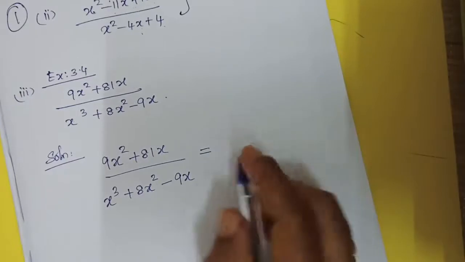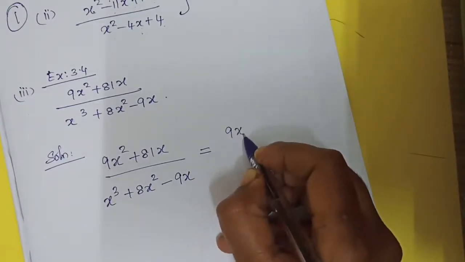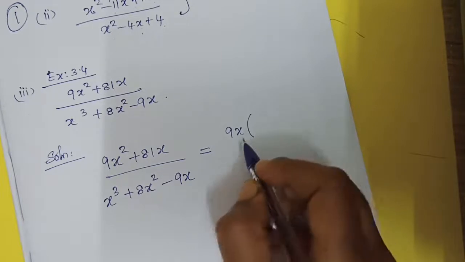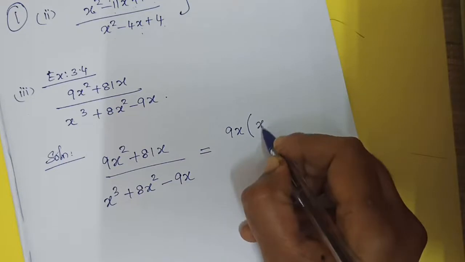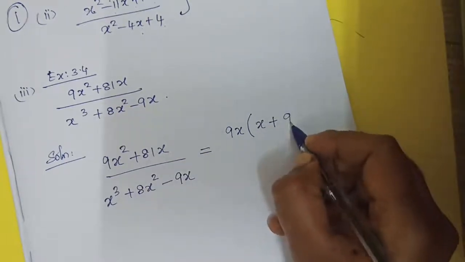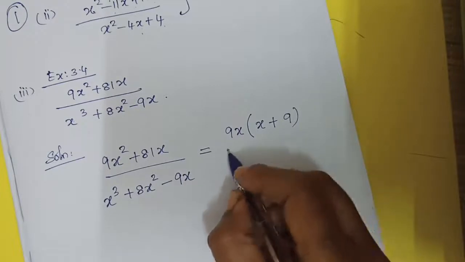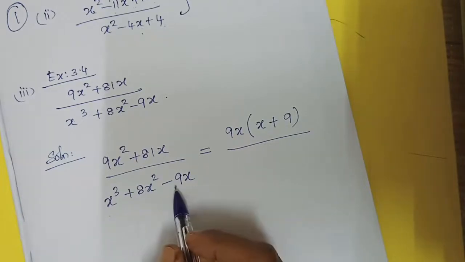Check the numerator. Any common term in the numerator? 9x, we can take it outside. After taking it, what terms will come inside? x + 9, since 9 nines are 81. Any common numbers in the denominator? No. Any common variables?